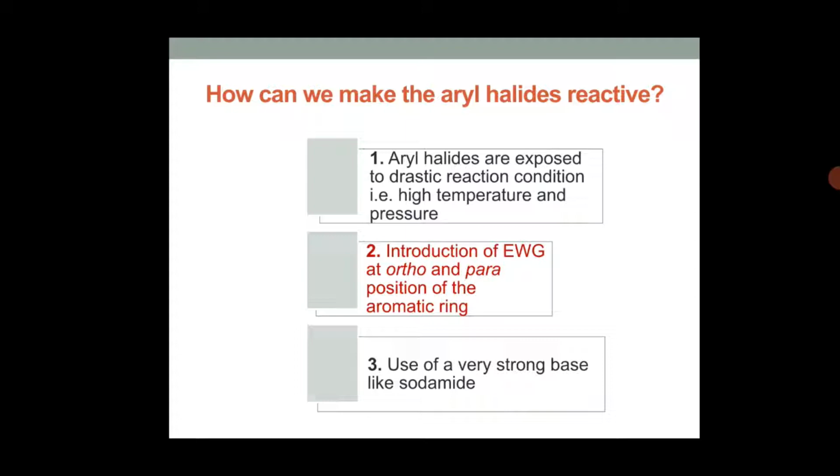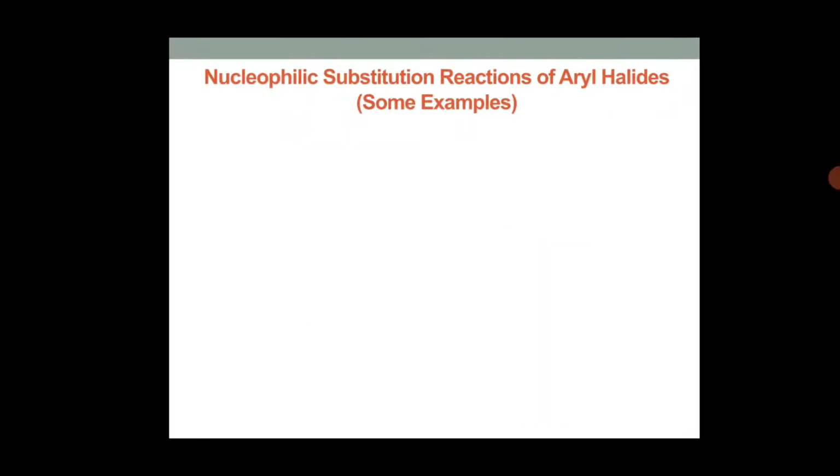Secondly, we can introduce an electron withdrawing group at the ortho or para position of the aromatic ring, and that increases the reactivity of the aryl halide. Another way we can increase the reactivity of aryl halide is by treating it with a strong base. Here are some examples.